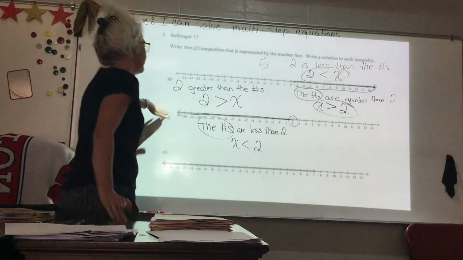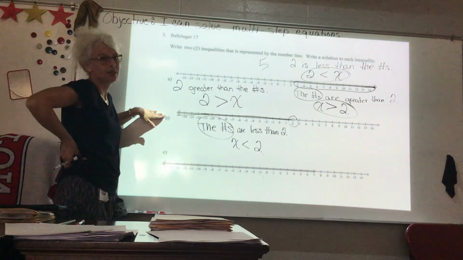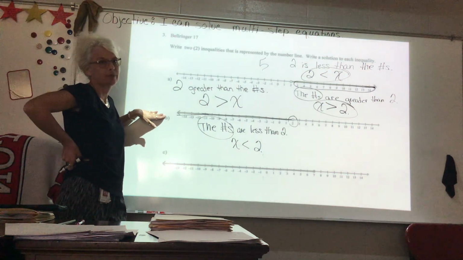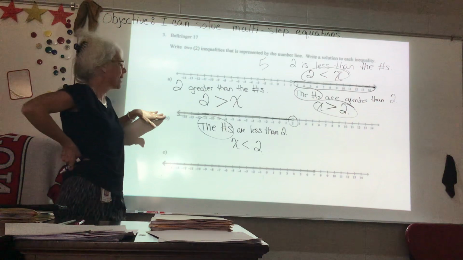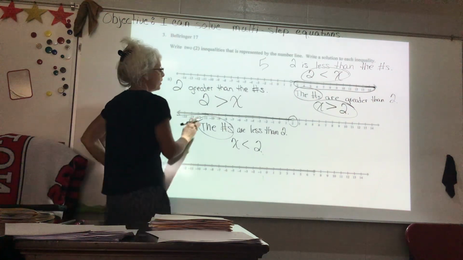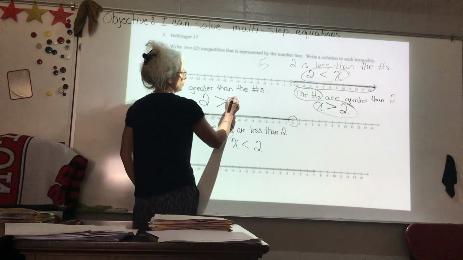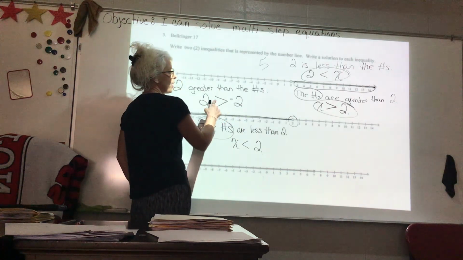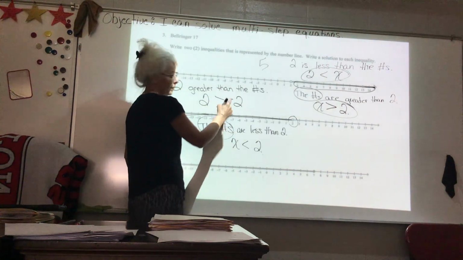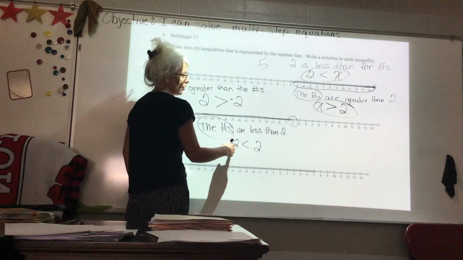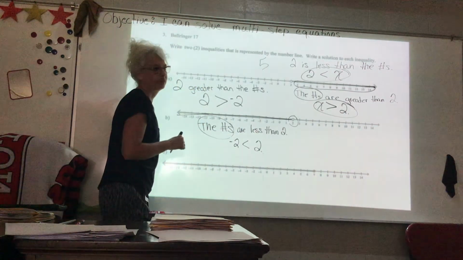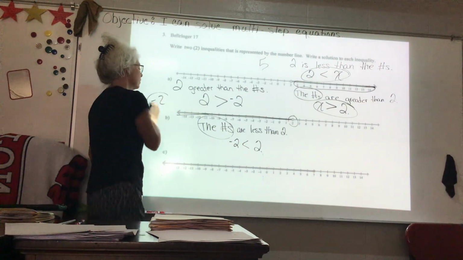We're doing problem B. Do you see the number line, the shaded numbers? So pick out one of those. -2. So if he uses -2, is 2 greater than -2? Yeah. And then if I use this inequality, is -2 less than 2? Yes. So -2 is the solution. Go ahead and stop the video.